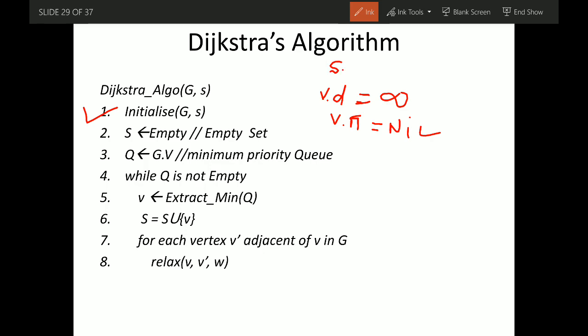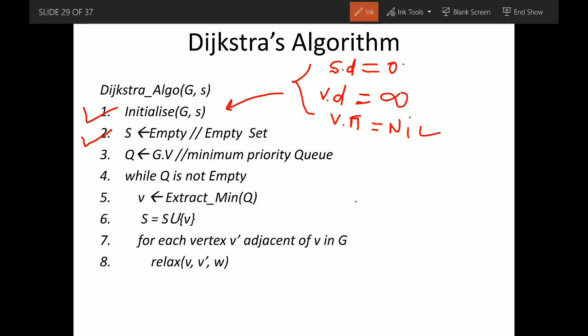And for the special vertex from where we are going to start our single source shortest path, that is the source vertex, we assign s dot d value to 0. That's all done in the initialize phase. Now as we have discussed, we maintain a set S. Initially it is empty. It will be used to keep track of vertices that have been covered or explored.